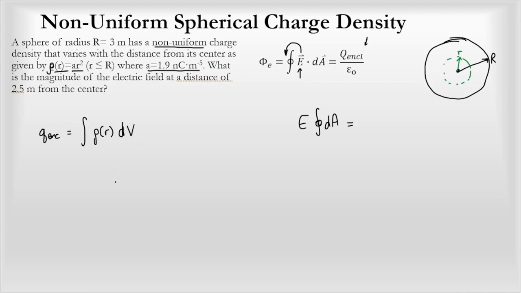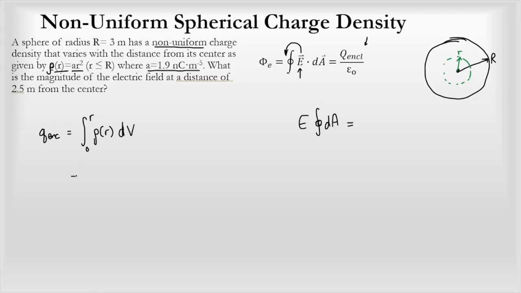And I can't just go AR squared times whatever that volume is. That's too simple. That's a nice assumption, but it gives you maybe the charge at that radius, and you need to integrate from 0 to that radius in order to get all of the charge contained within. So when we do this integral, we're going to go from 0 to that r value, dV.